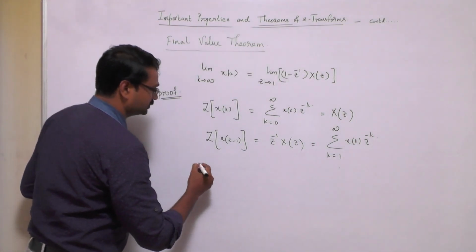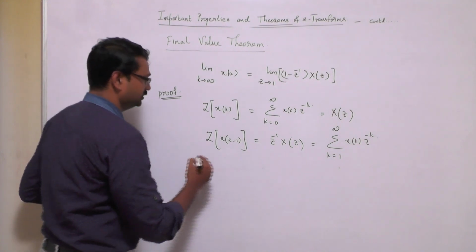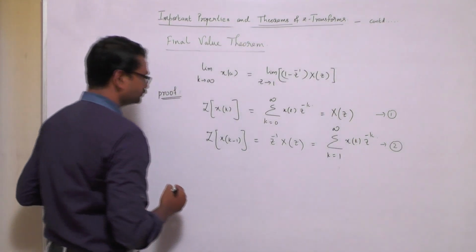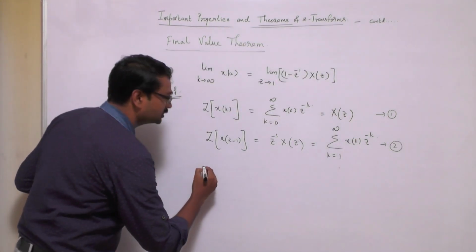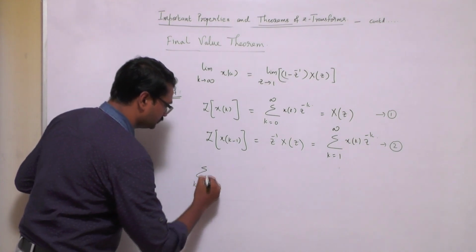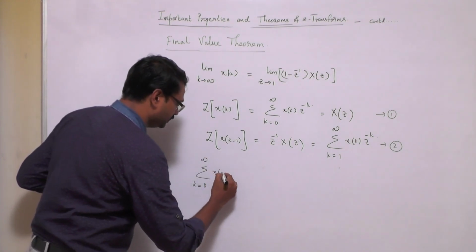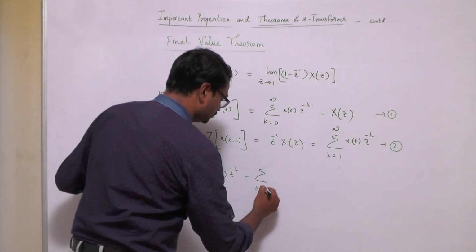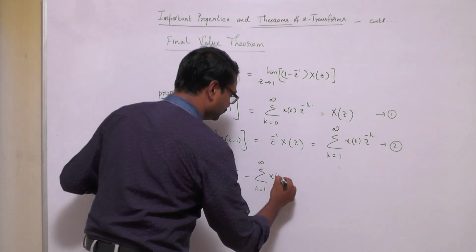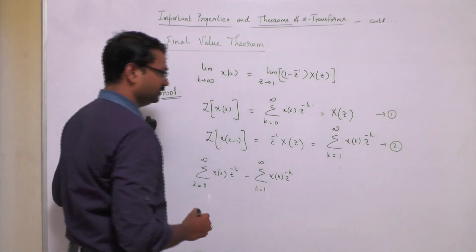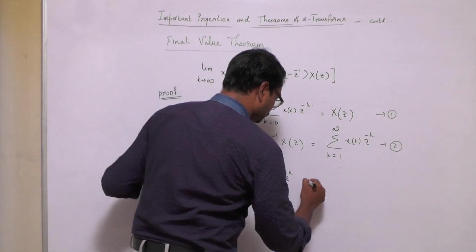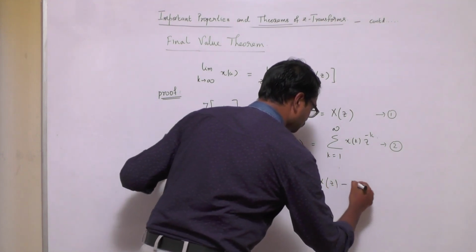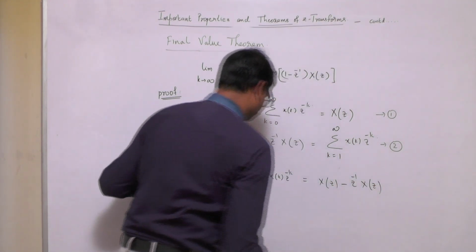Now when I subtract equation 2 from equation 1, we get sigma k is from 0 to infinity x of k z power minus k minus sigma k is from 1 to infinity x of k z power minus k, which is given by x of z minus z inverse x of z.